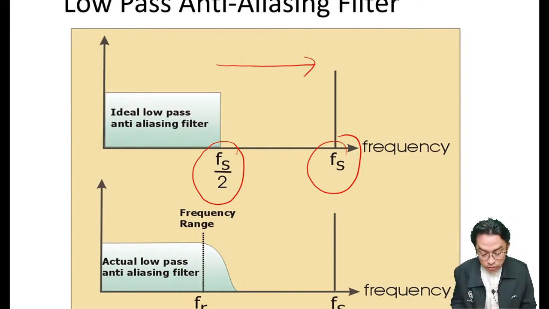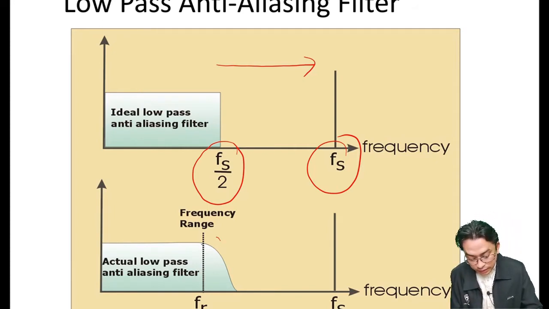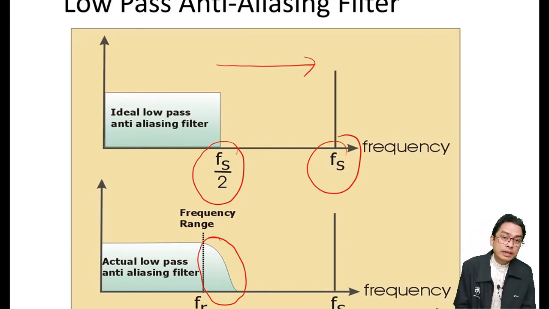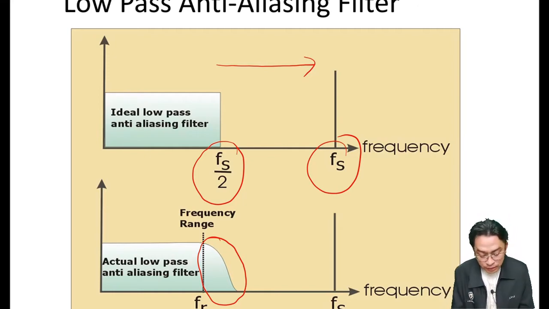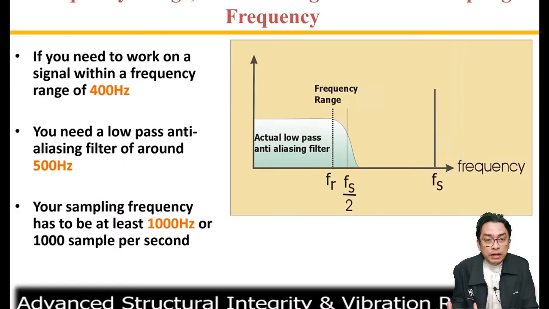But the low pass filter has a limitation. If we introduce it, it still has leakage of signal. It is actually a limitation of the electronic device. Let's say we want to work with a 400 Hz signal, so we know that there is a little bit of leakage of the low pass filter.